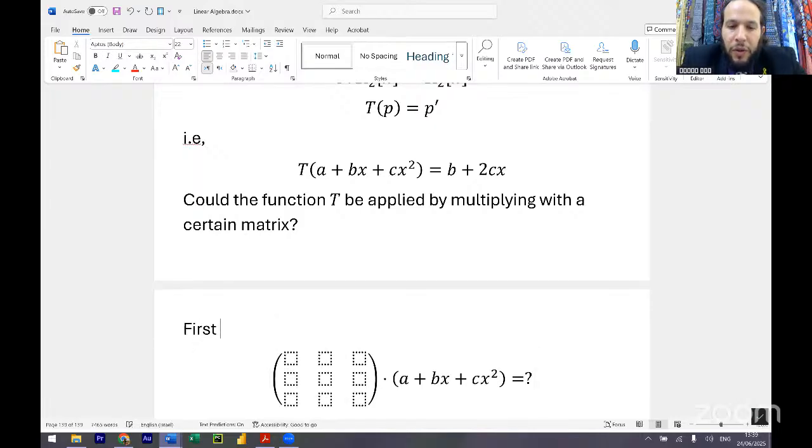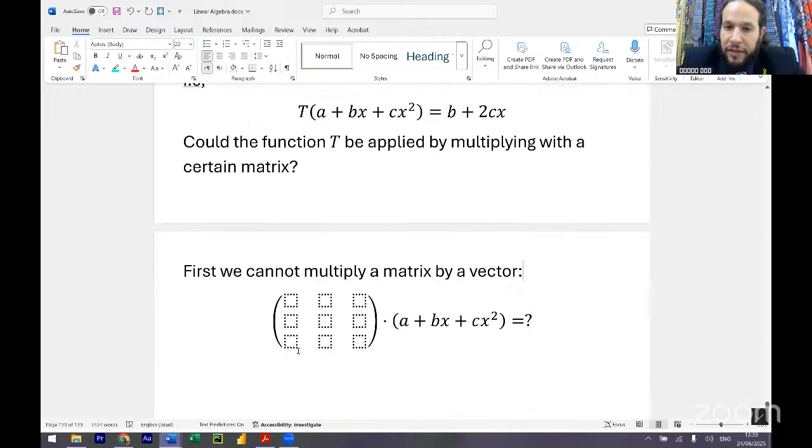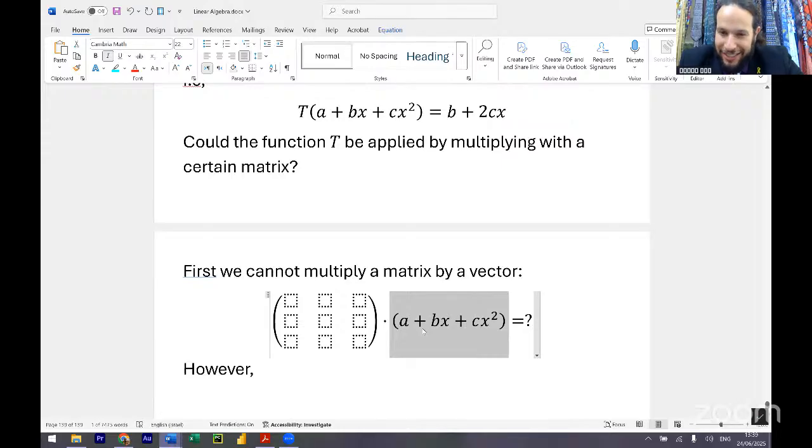First, we cannot multiply a matrix by a vector, right? But, however, who can tell me which vector I can take instead of the polynomial?